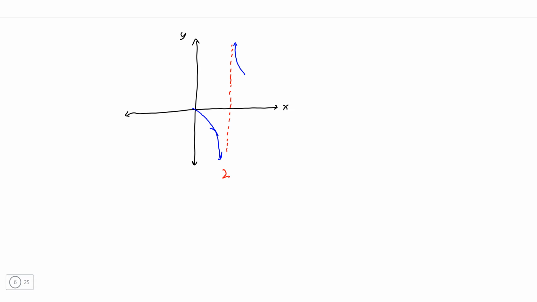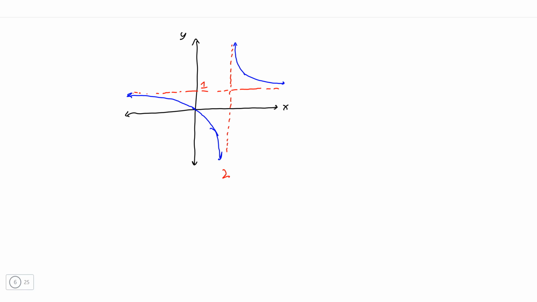And now what's going on from the rest of it isn't clear from what we've done so far, but if we graph it, say on the computer, it looks something like this. And what we can see is these values here are actually getting closer and closer to 1.